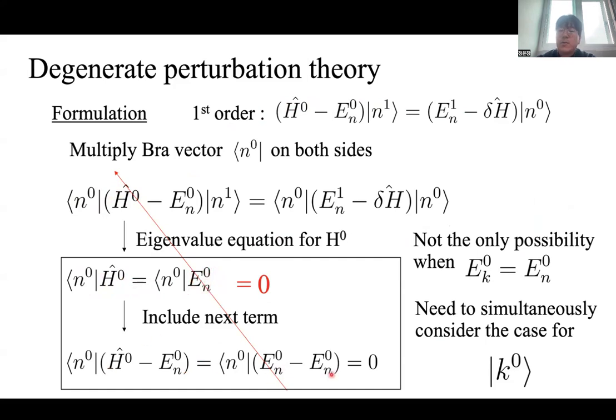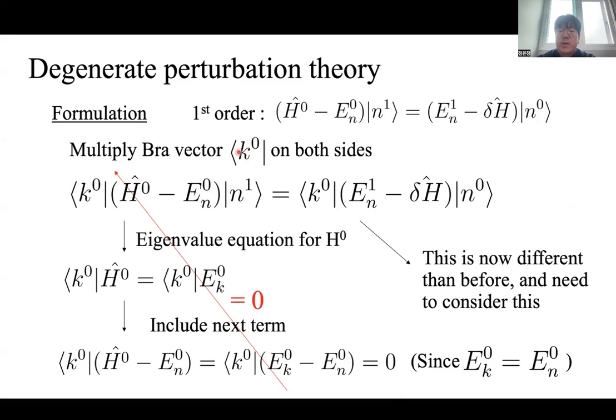The only problem now is that I have a degenerate possibility, another situation where this can be 0 because the energies are the same, so I need to also consider the case for k0. In other words, if I apply k0 on this side, I get the same result because Ek is equal to En here, and therefore this term also becomes 0.